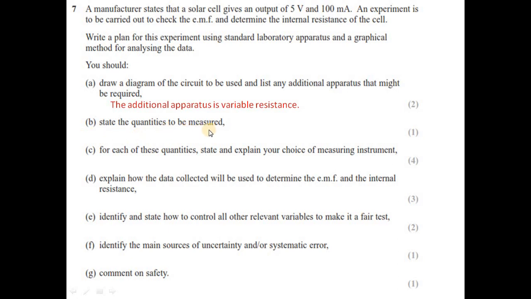State the quantities to be measured. Of course, it's the voltage and the current passing through the solar cell. For each of these quantities, state and explain your choice of the measuring instrument. For voltage, we use a voltmeter, and for current we use an ammeter.